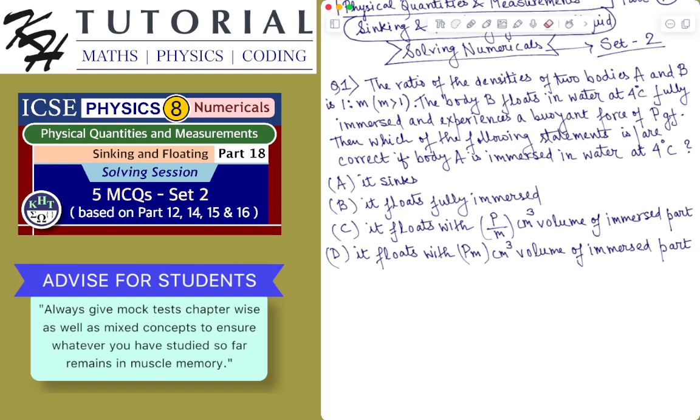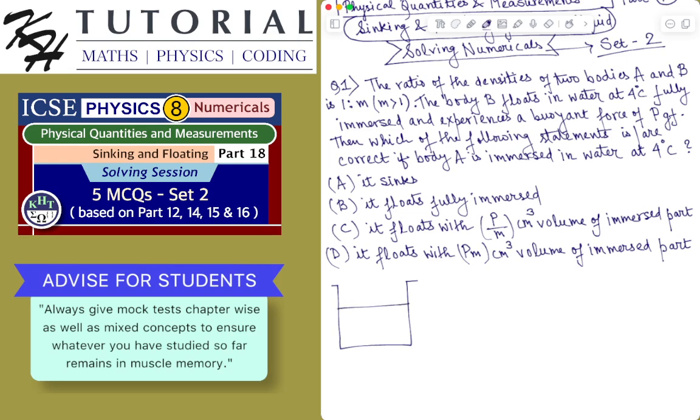The body B floats in water at 4 degrees centigrade, fully immersed, and experiences a buoyant force of P gram force. Okay, let's try to visualize what is happening. In both the cases, the liquid is water at 4 degrees centigrade.